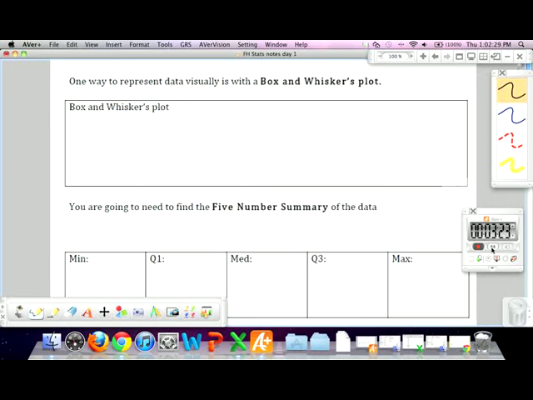A box and whiskers plot is just a graph of the grouping of data.